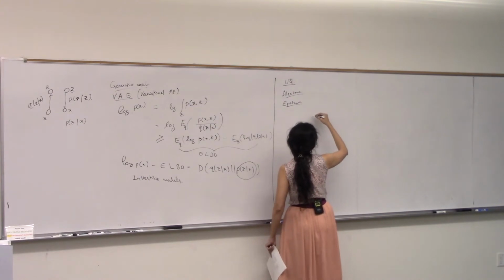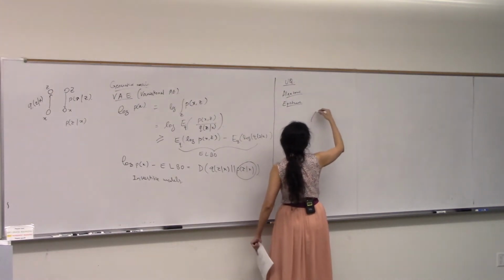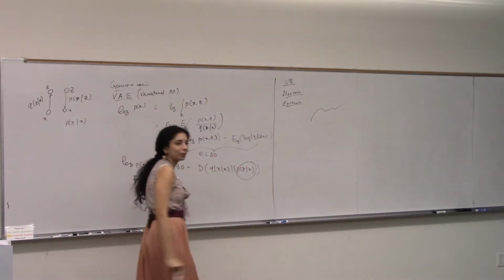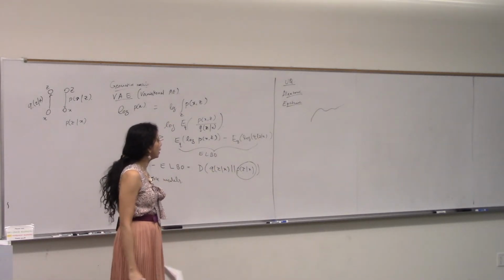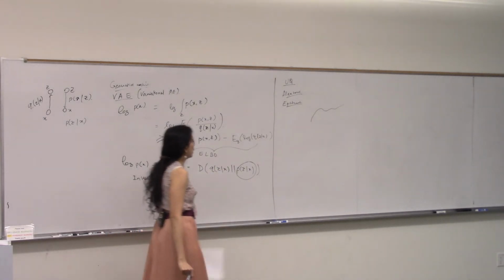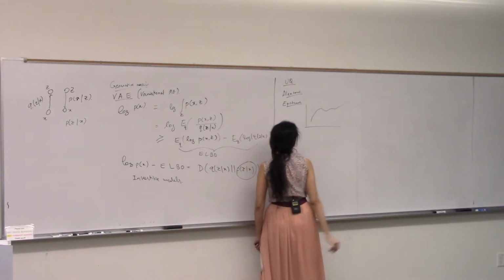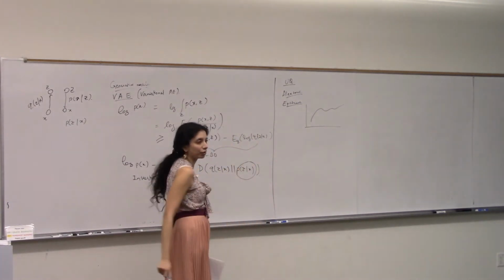And just to give you some idea of what that looks like, let's say this is my function that I'm approximating using the neural network. It could be a classifier, it could be regression, could be any problem.